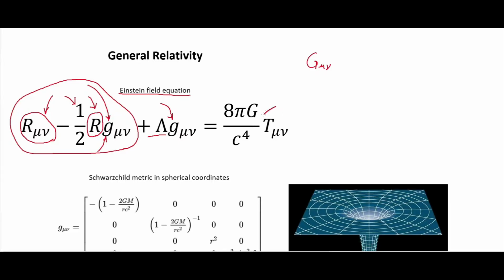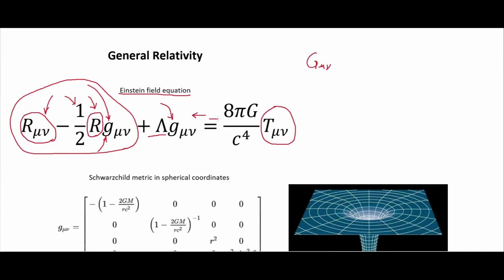So this T over here, this second rank tensor, is the stress energy tensor. And so the way that this equation is often thought about is on the left side of the equal sign, we have the geometry, so the differential geometry.